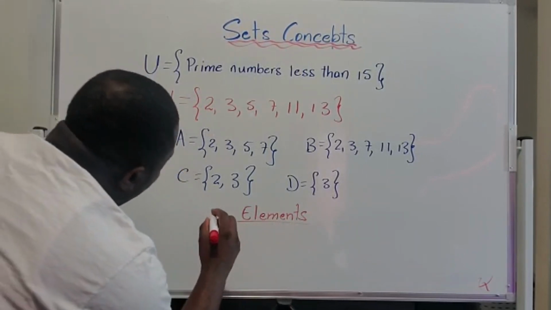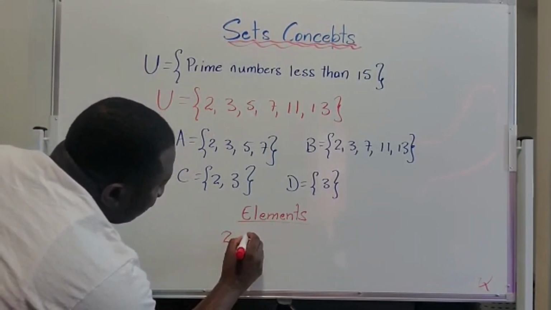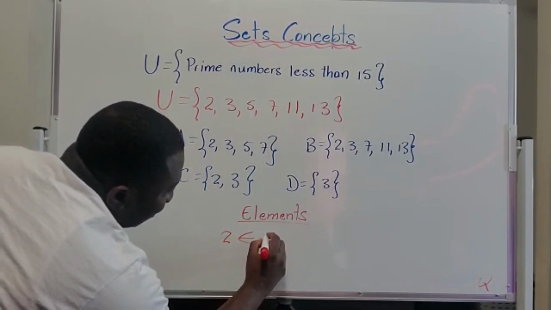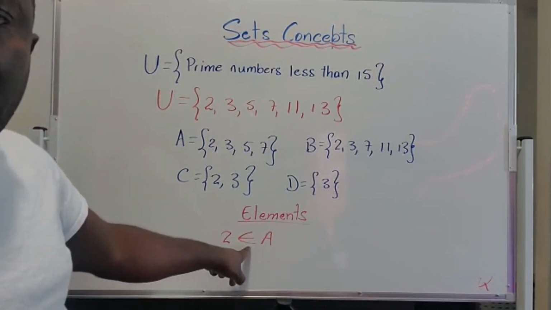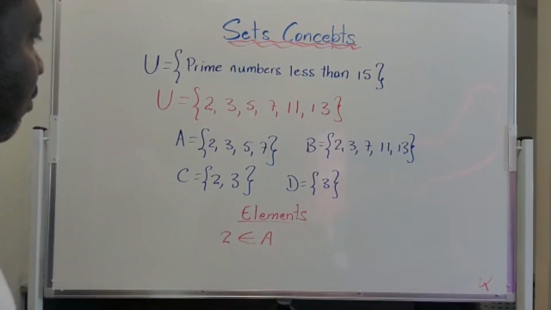If I write right here, you could say that 2 is an element of set A. So note that this symbol represents element.